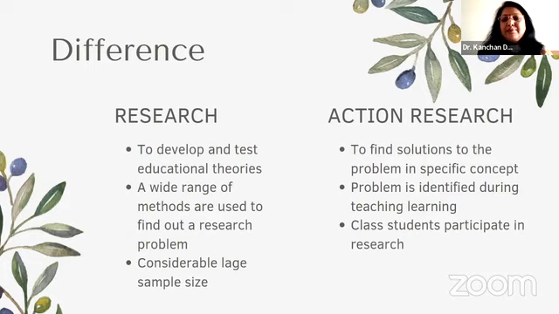Considerably, a large sample size is taken when it comes to the other researches. Probably you might have read some titles of theses wherein the entire city is considered, the entire country is considered, a particular region is considered, and the samples, meaning the people whom we are considering in the research, are on a larger scale than in the research programs of any other field.